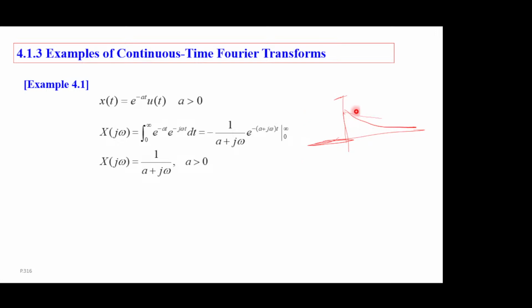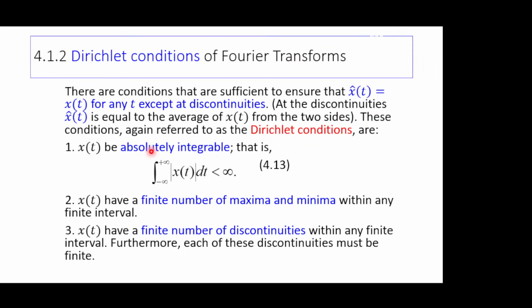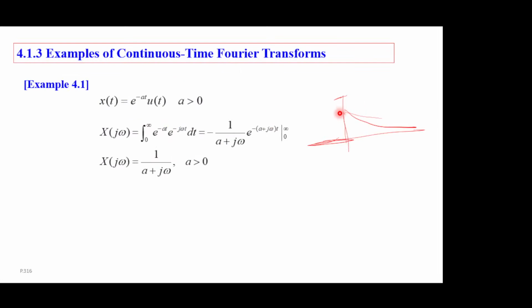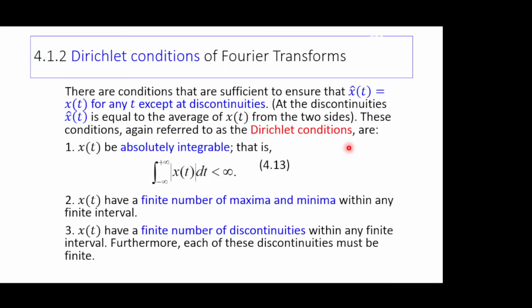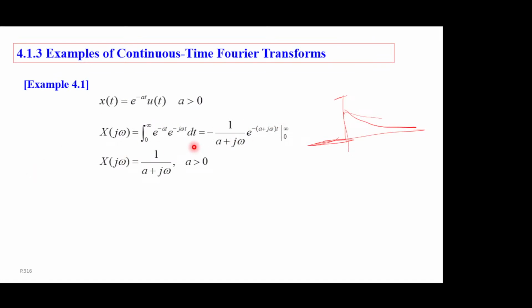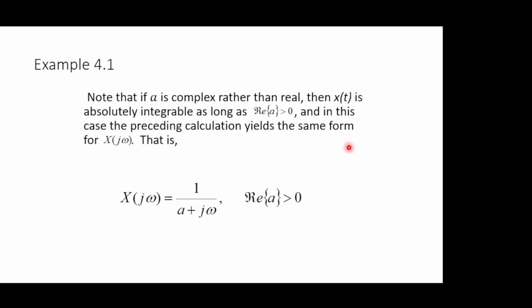Only when the real part of a is bigger than 0 do you have this absolutely integrable function. If a is less than 0, you get exponential growth, so the absolute value integration will obviously be infinity, and you won't satisfy the Dirichlet condition. Although it's not an if and only if, we can also check directly here that when a is less than 0, the integration just doesn't converge, so you don't get your Fourier transform.